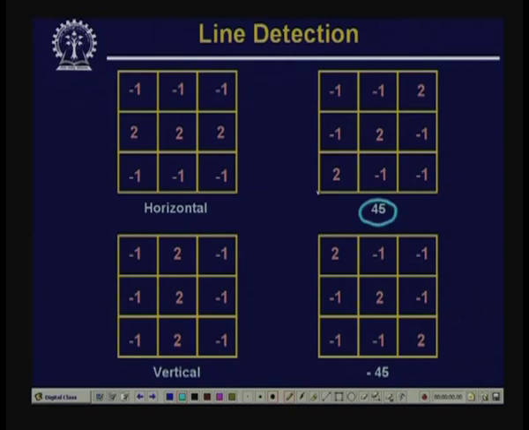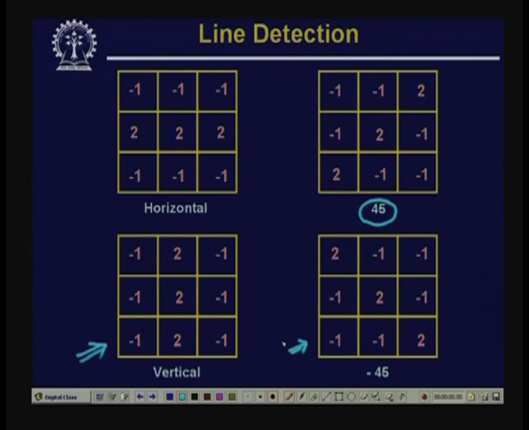Similarly, the other mask, which is marked here as 45, if you move it over the entire image, will help to detect all the points in the image which lie on a line inclined at an angle of 45 degree. Similarly, this mask will help to detect all the points which lie on a vertical line, and this mask will detect all the points lying on a line inclined at an angle of -45 degree.